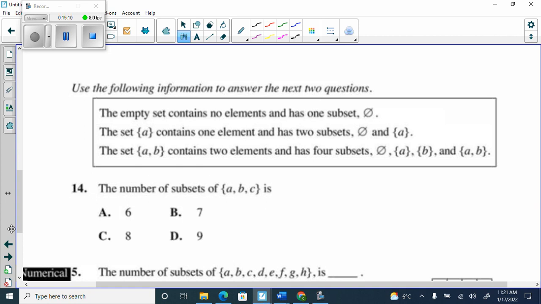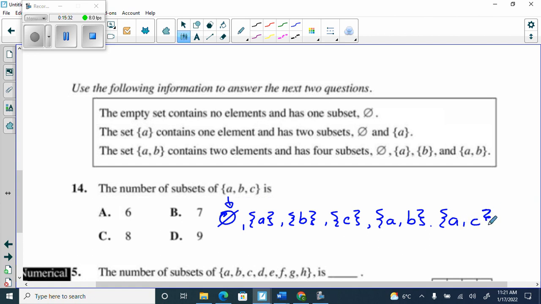The number of subsets in ABC would be what? This could have the empty set, or it could have A, B, C. What else could it have? AB, AC, and then BC, and then ABC, right?